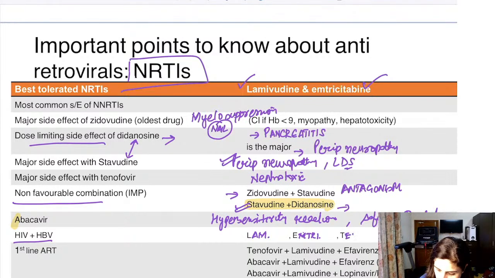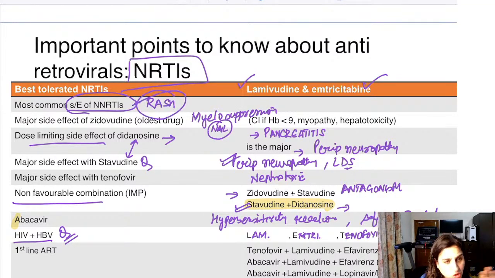T stands for tenofovir. ठीक है, again it has been asked. This also has been asked. Oh, one I left here, the upper, yes. The most common side effects of NRTI is here I left. It is actually the rashes. ये वाला I left. Rashes are the most common side effects. I'm not talking about toxic, most common. ठीक है, so LET हो गया यहाँ पे.